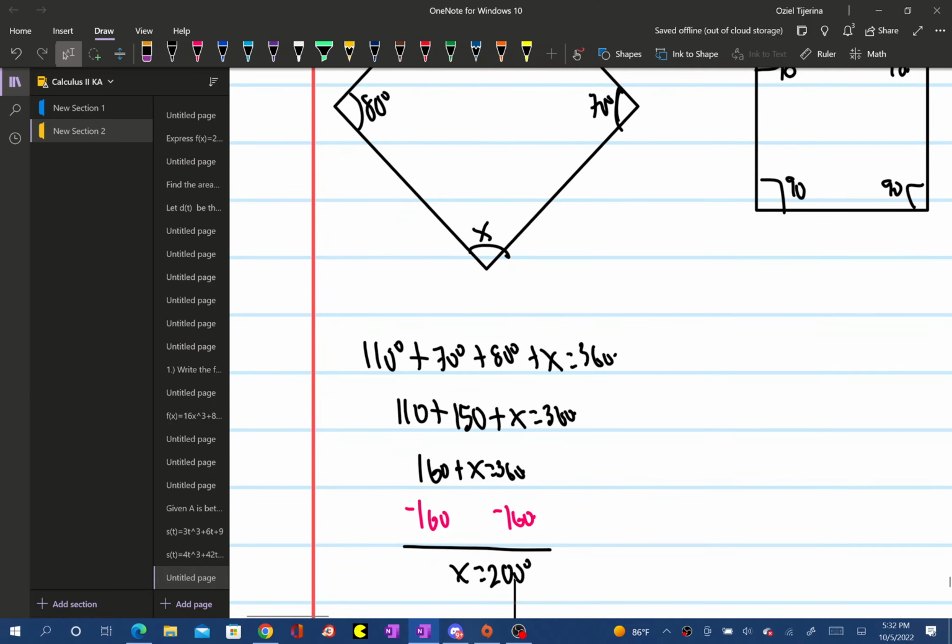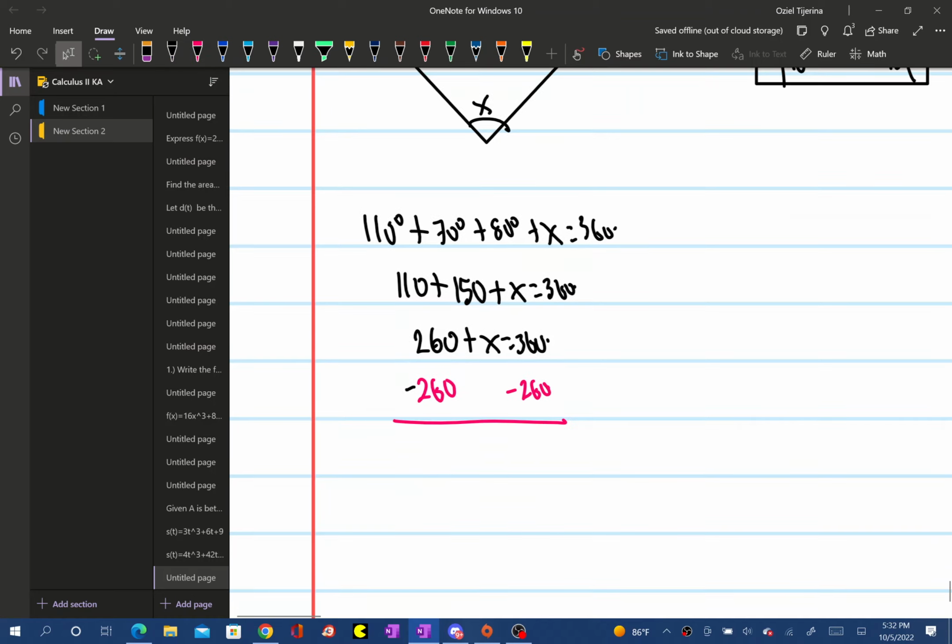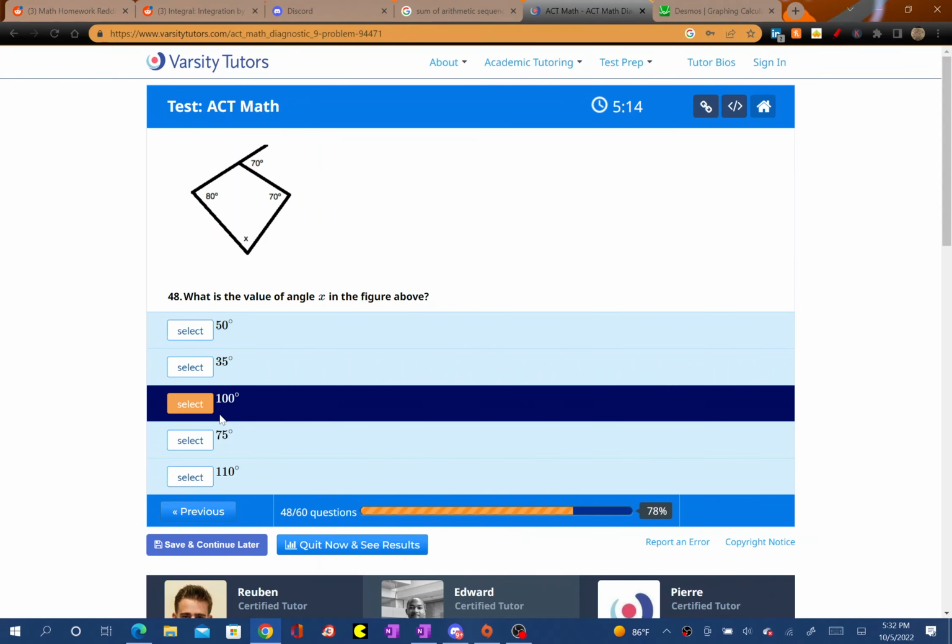Oh, my bad. I made a mistake. It's 260 plus x equals 360, and then you're going to subtract 260. So then that's going to give you x equals 100. It's C. Oh my goodness.